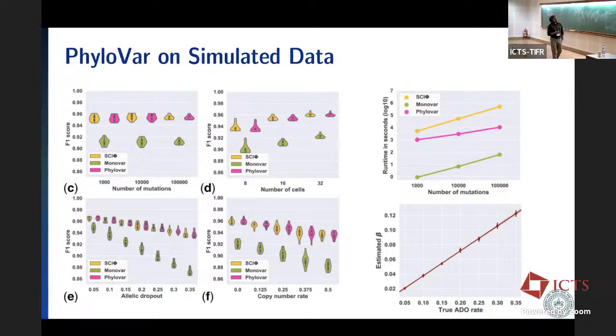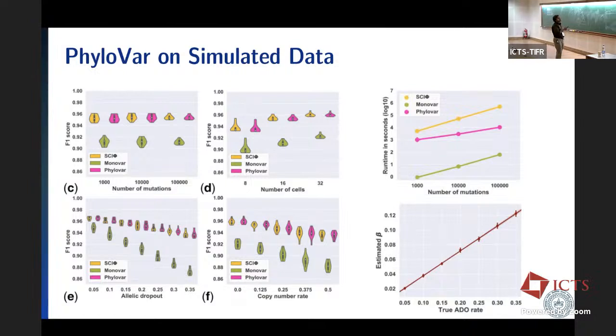So when we are varying the number of mutations or number of cells, we see that for every scenario, sci-fi and phylovar have almost similar accuracies. And of course, both of them are better than monovar, which is not utilizing phylogeny information.